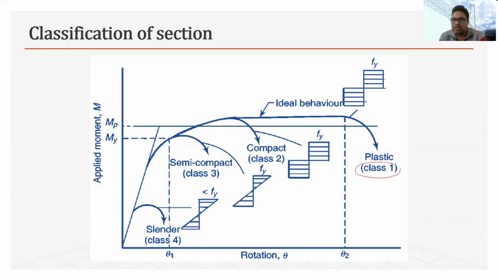First one is called class 1 or plastic, which means the beam can have this kind of condition, where the maximum yield stress can be in the whole section.